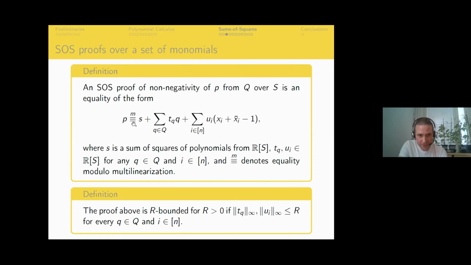We do not bound the coefficients in these squares a priori, but it's a lemma to show that from these bounds follow also bounds for these coefficients. But it makes our life easier with the semantic proofs when we do not bound these initially. Okay.